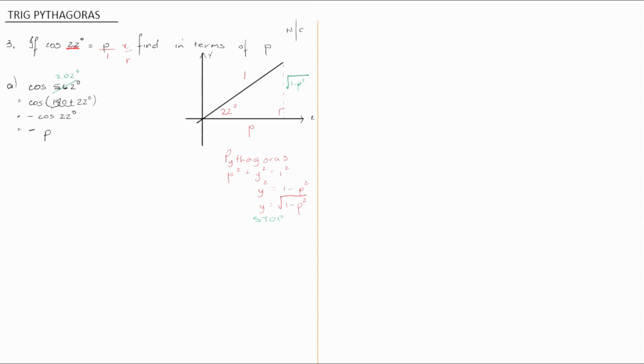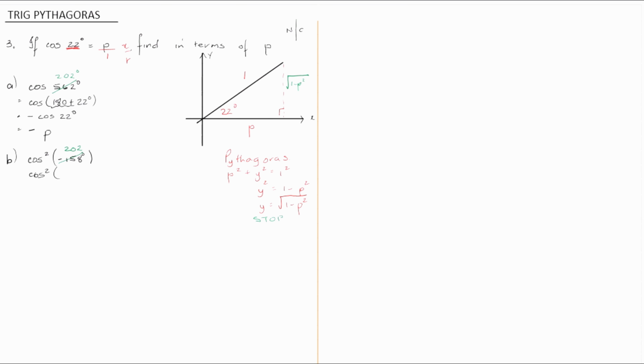Next question. B is cos squared of negative 158. First thing is to add a revolution to the negative 158, which gives you 202. So we are left with cos squared of 202.